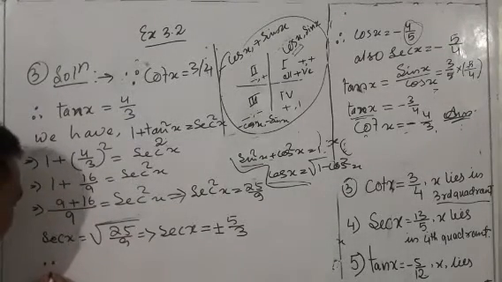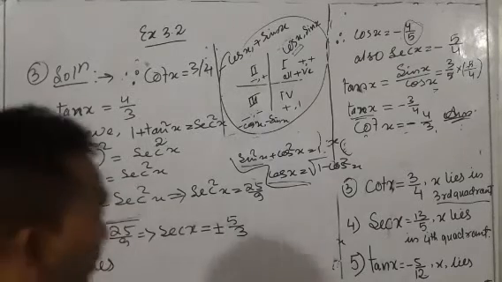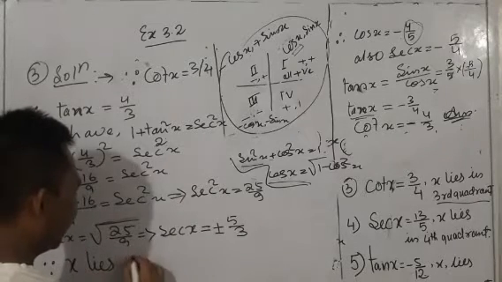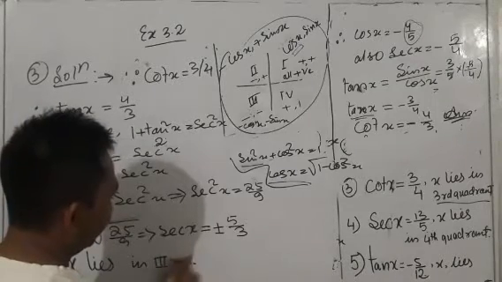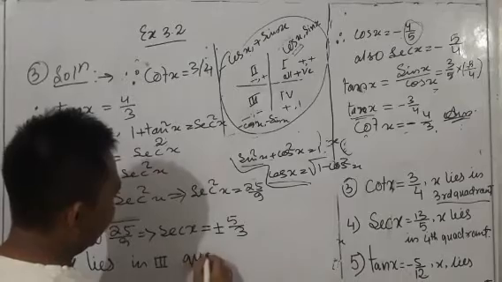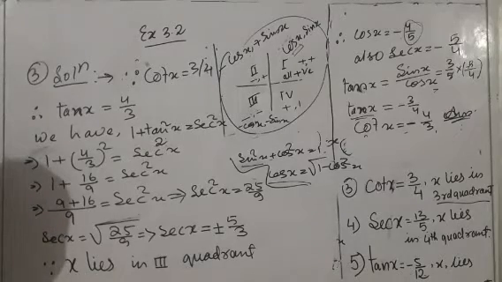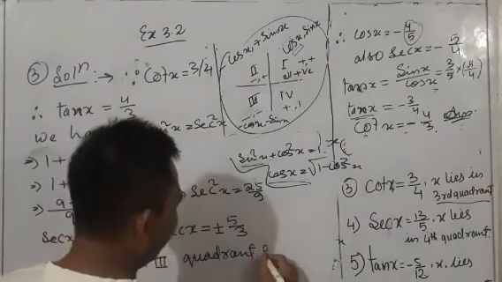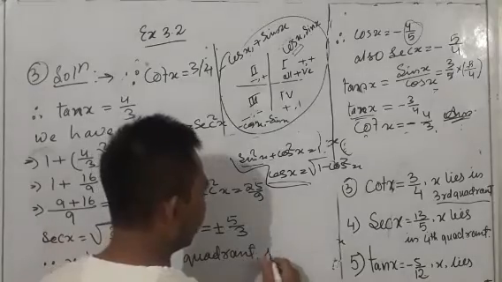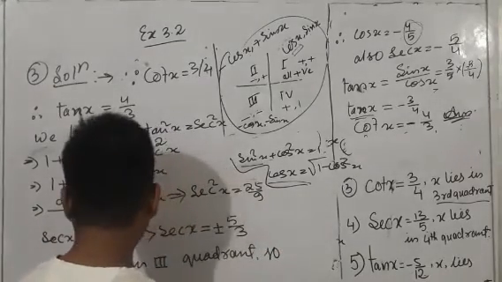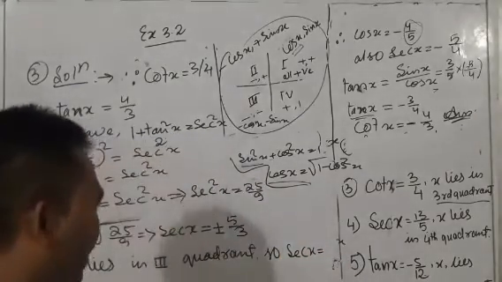Since x lies in third quadrant, therefore sec x equals, is it positive or negative?